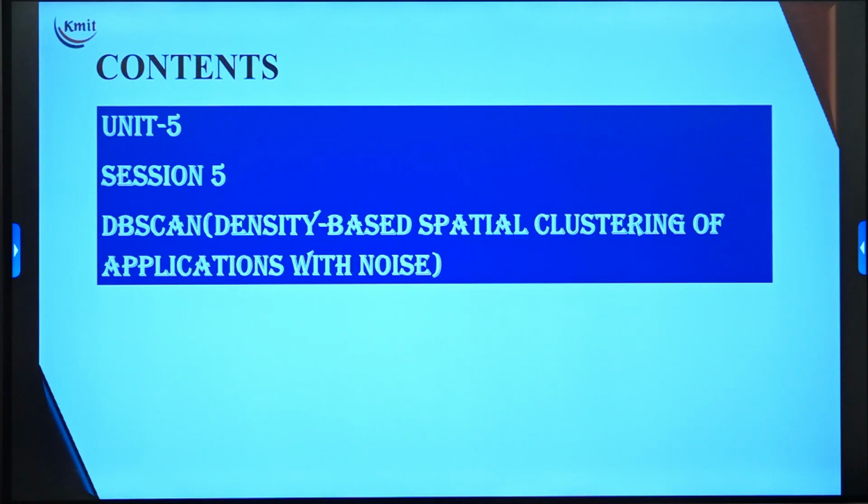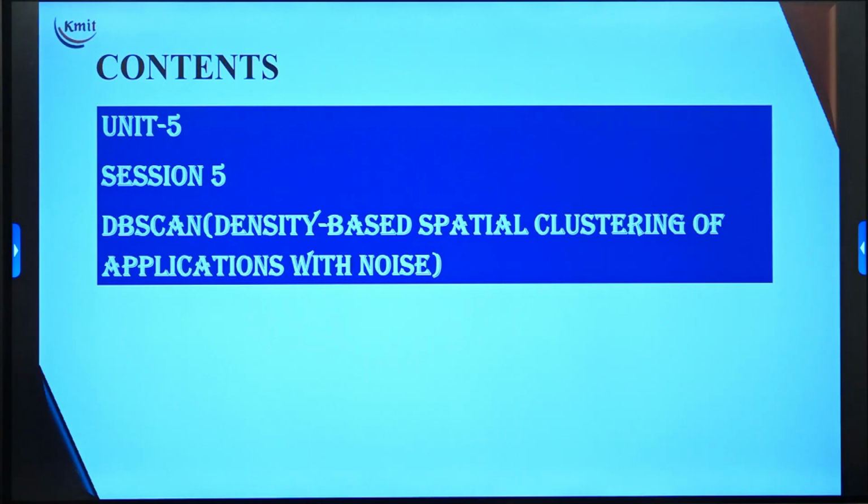We have seen k-means clustering, which is distance based, based on the distance between the points. Similar to that, we have another clustering called DBSCAN, which measures the distance between the nearest points. Please understand the difference between k-means and DBSCAN. K-means uses the distance between the points, whereas DBSCAN uses the distance between the nearest points.